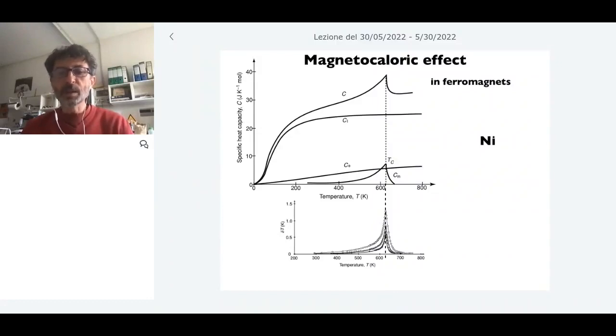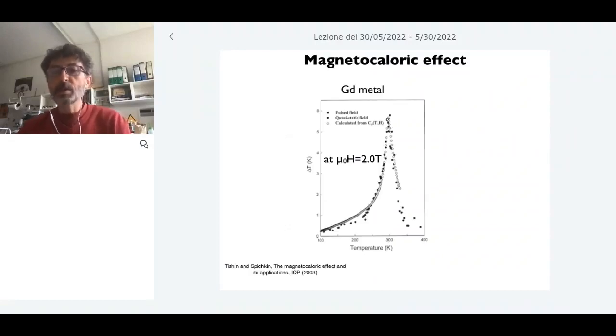But if you have 1 Kelvin delta T at 600 Kelvin, it's almost negligible. So if we want to employ the magnetocaloric effect of ferromagnets to have any cooling effect at room temperature or above, it's really difficult, because these adiabatic temperature changes are generally small, not always small.